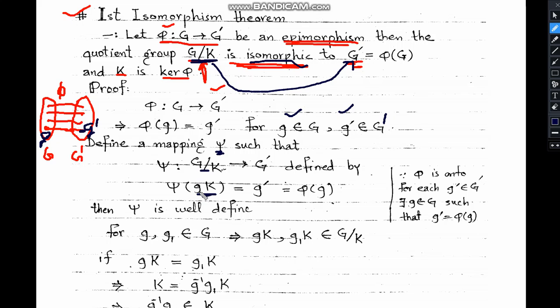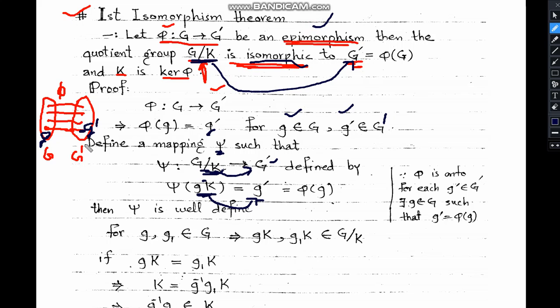So the image of this coset Gk will be g dash, because g dash is an element of G dash and this is an element of G upon K. It means any element of this side will be mapped to this side. So here we have assumed that this Gk is being mapped onto this g dash. This g dash is the mapping of some element, because this is an onto mapping due to the epimorphism.